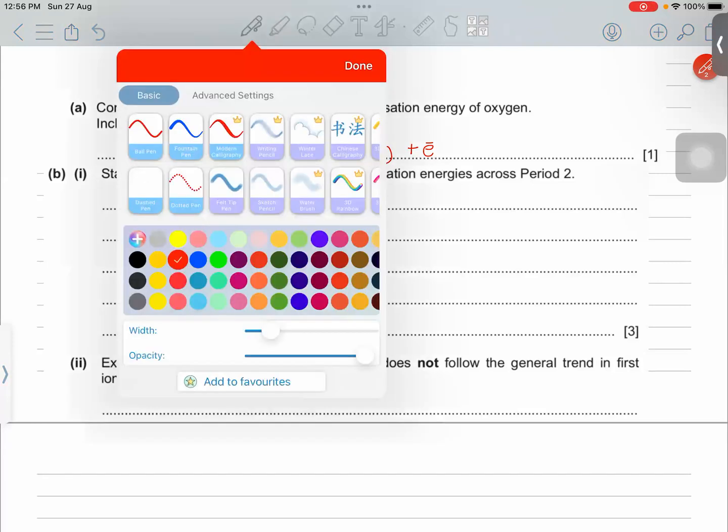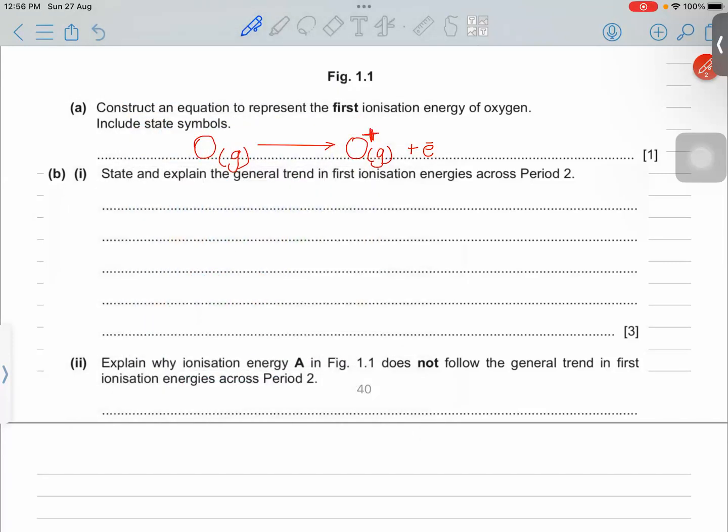Can anyone tell me, across the period, does proton number increase or shell number increase? Sorry, across the period, the proton number increases.